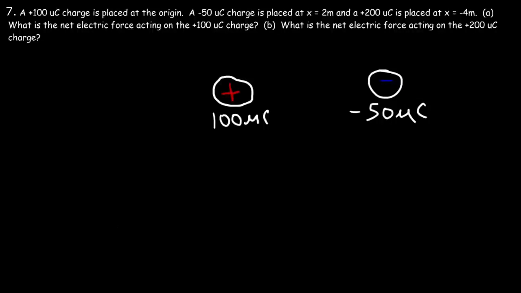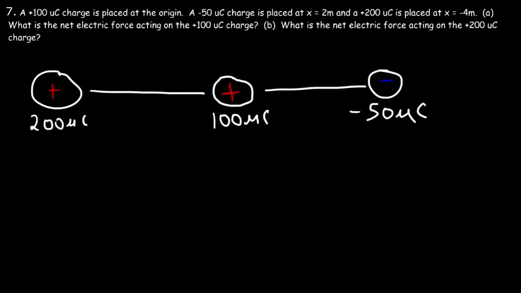And then on the left side at negative 4 meters, we have a positive charge with a magnitude of 200 microcoulombs. So the distance between these two charges is 4 meters, and between the two charges on the right, it's 2 meters. Let's call this Q1, Q2, and Q3.